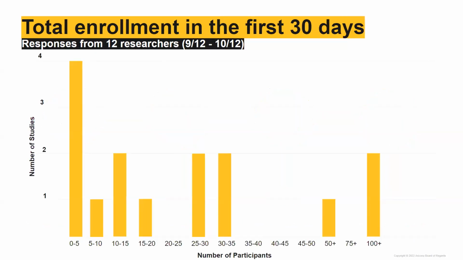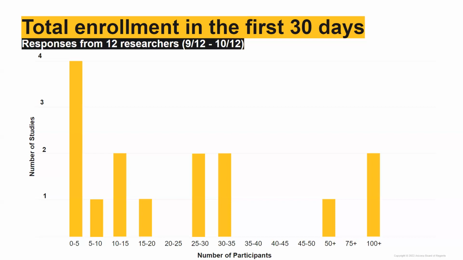In terms of total enrollment in the first 30 days, again, these are the responses from 12 researchers. You'll notice that there's a few over here and they got like 0 to 5, 5 to 10, 10 to 15. The top of this is four studies, 1, 2, 1. And then we had a good bit that got 25 to 30, 30 to 35, 50 plus, and 100 plus.